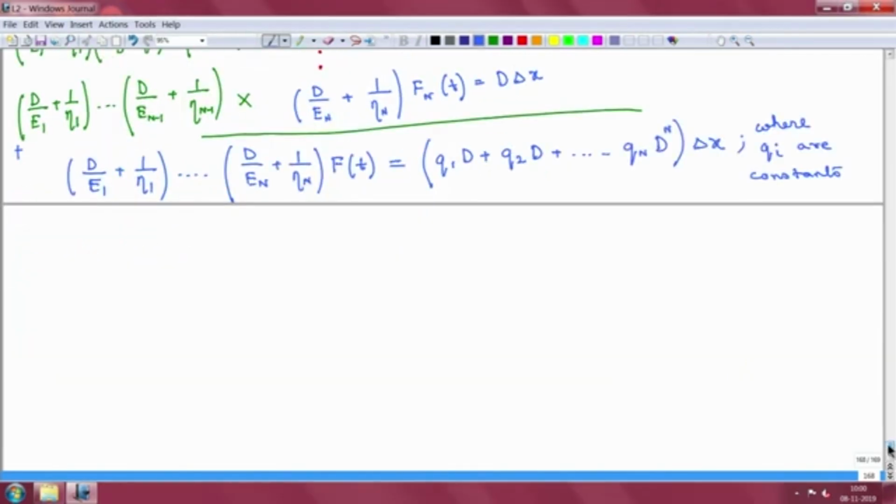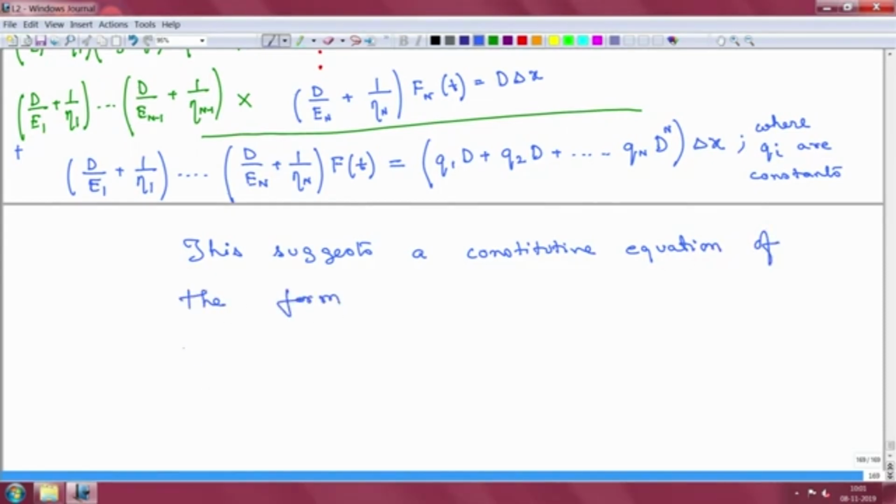Okay. So, this suggests a constitutive equation of the form: D by E1 is 1 by 1 multiplied with all these different multipliers till the nth multiplier, sigma equal to this q1 D plus, and this goes on.